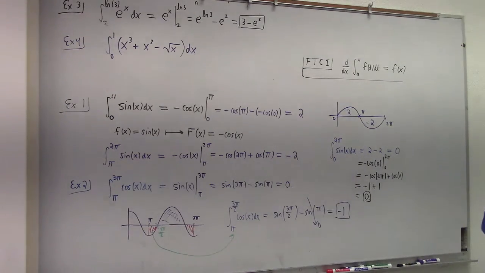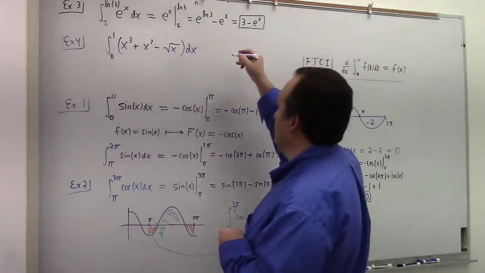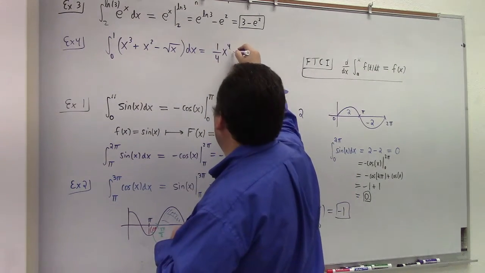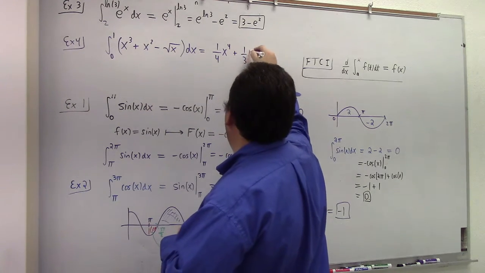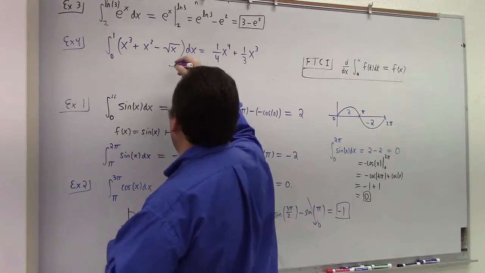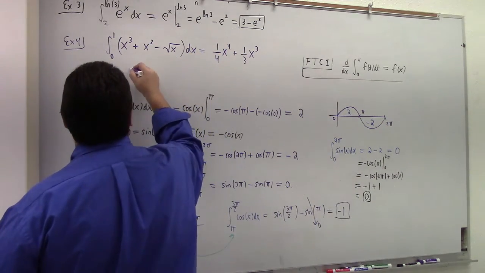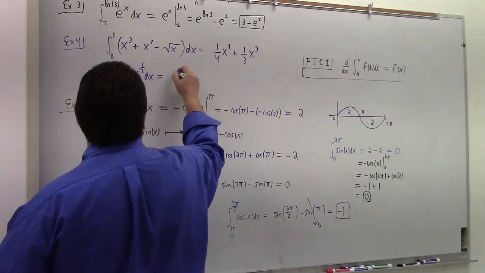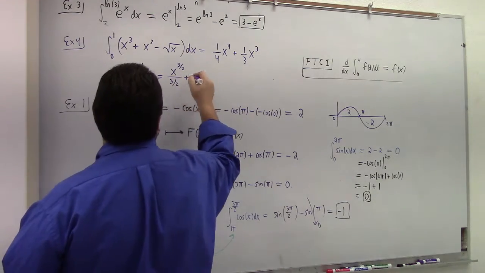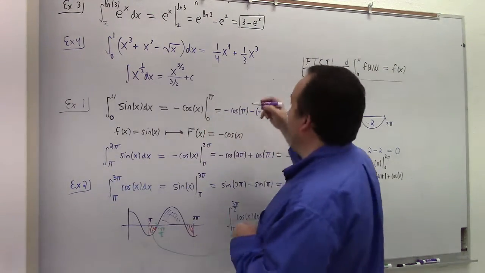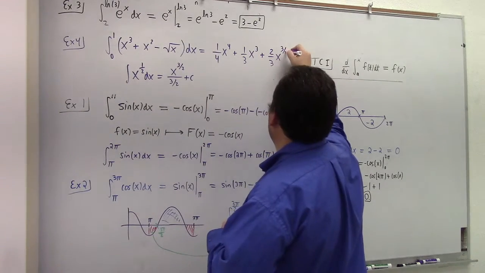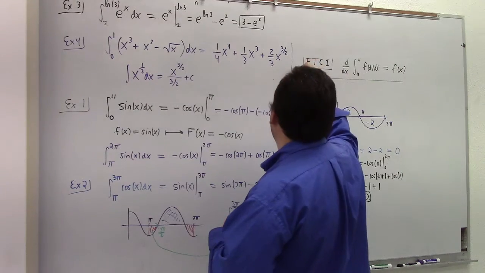Square root of x is the 1/2 power, right? So here we go. We get 1/4 x to the 4th plus 1/3 x to the 3rd power. And if we have x to the 1/2 and you integrate it, you get x to the 3/2 over 3/2 plus a constant, but a nicer way to write that is 2/3 x to the 3/2. And then we evaluate from 0 to 1.